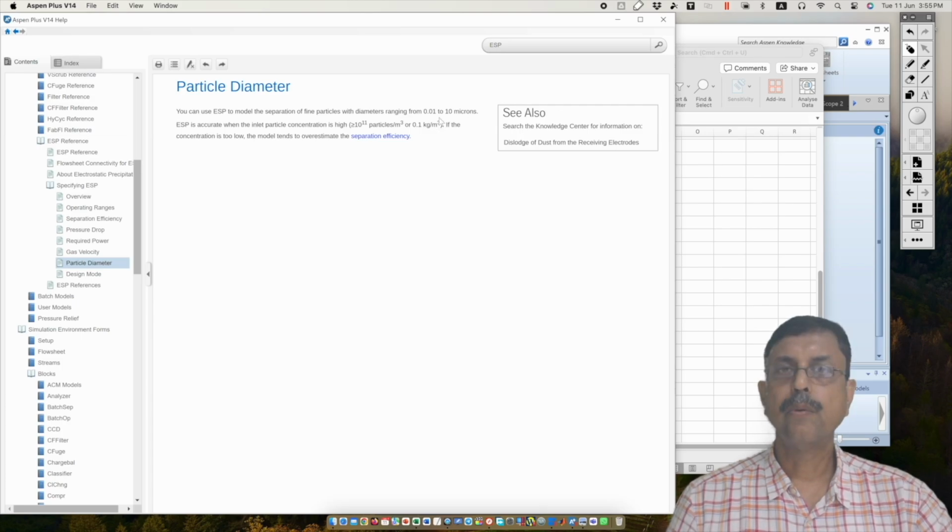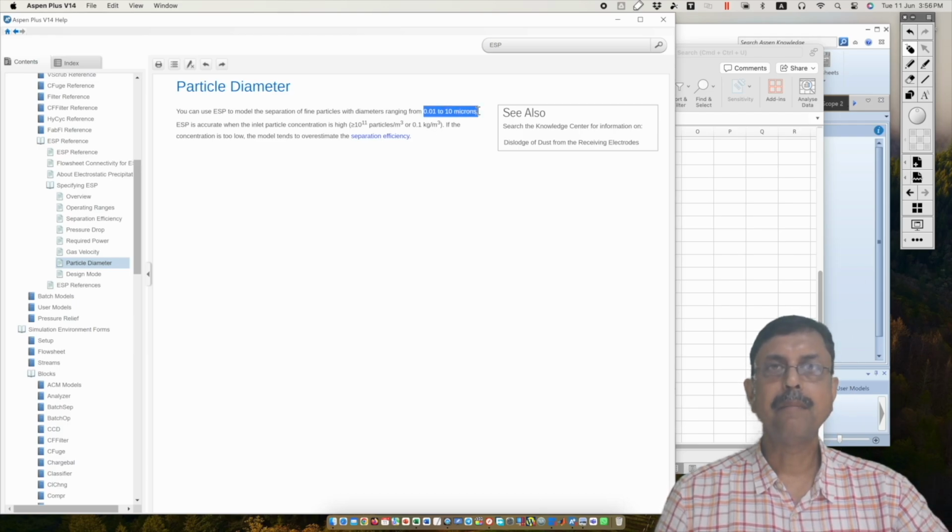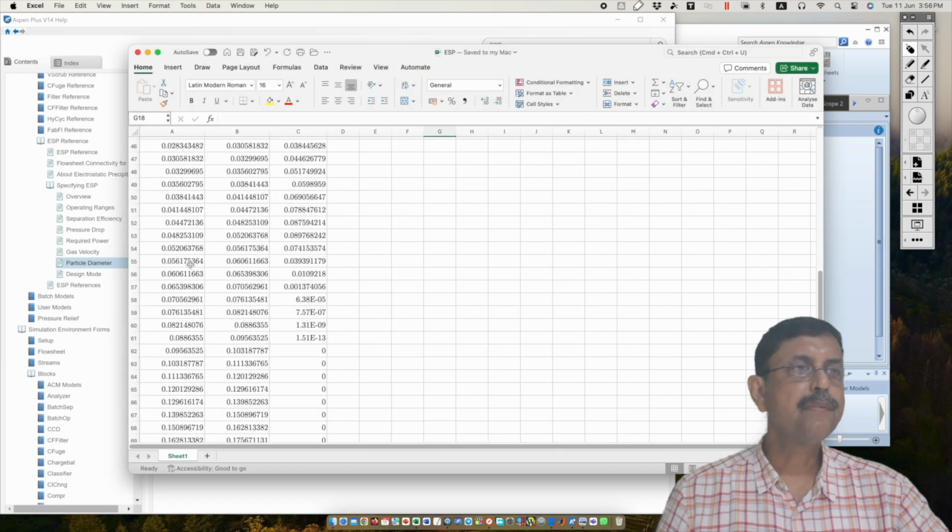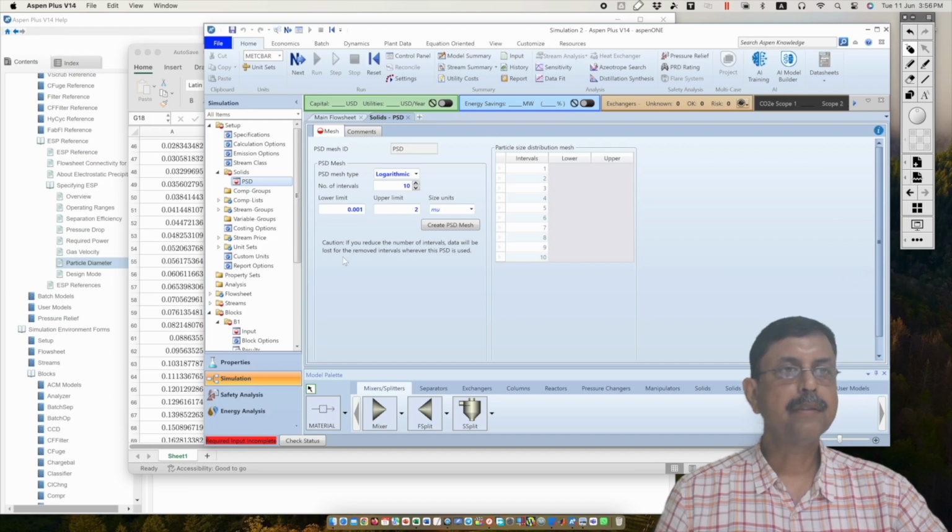So I do not know whether it will give reliable result. Actually, we should work with some material with 0.01 to 10 microns, but here we find it is going up to around 95 micron. Even if we do not consider them, at least it is going up to 70 micron or so, right? So, okay, let us continue and see what happens.